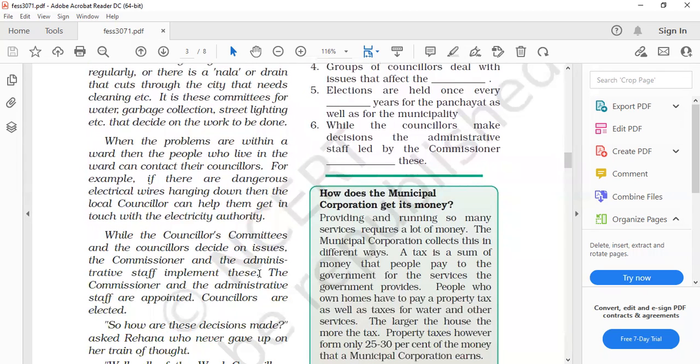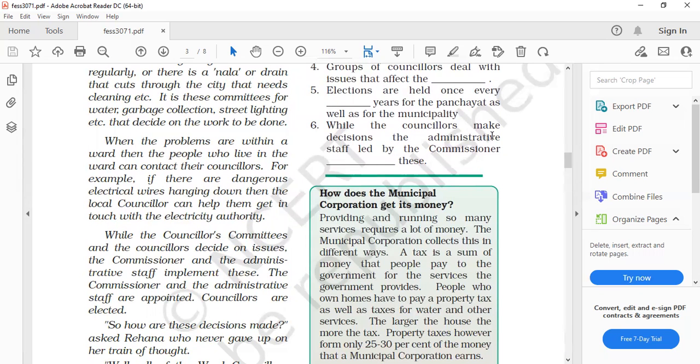Now again, if you get a question on what is the function of ward councillors, this is a different question, or what is the task solved by the ward councillors, then you have to write it pointwise like this. When the problems are within the ward, the people who live in the ward can contact their councillors, such as, give an example.